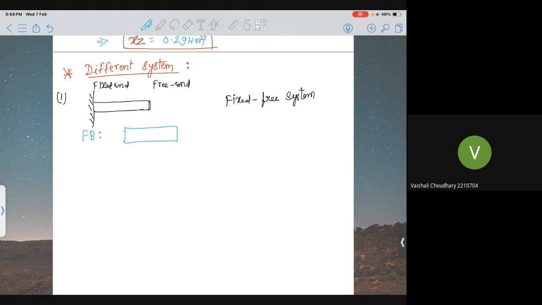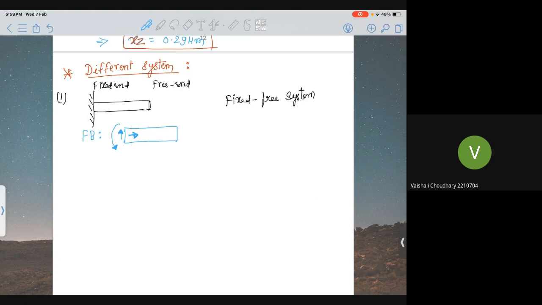So this is the beam, and this end is fixed, so that end will experience a force in each direction: in vertical direction, horizontal direction, and a moment.